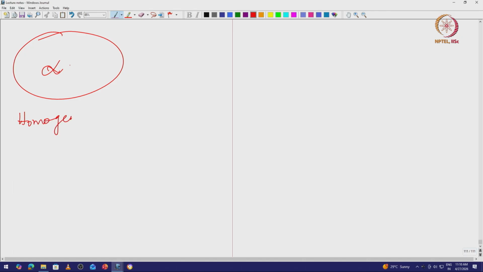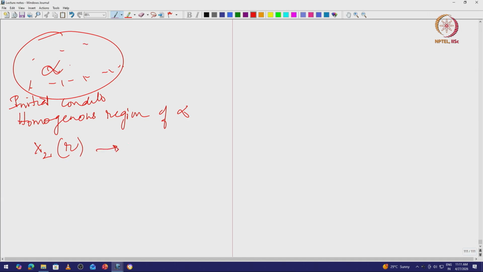A homogeneous region of alpha, as the initial condition, which means wherever I pick, if I look at the composition anywhere on this phase diagram, x2, with R telling me the location, at whichever location, x2 is 0.3.